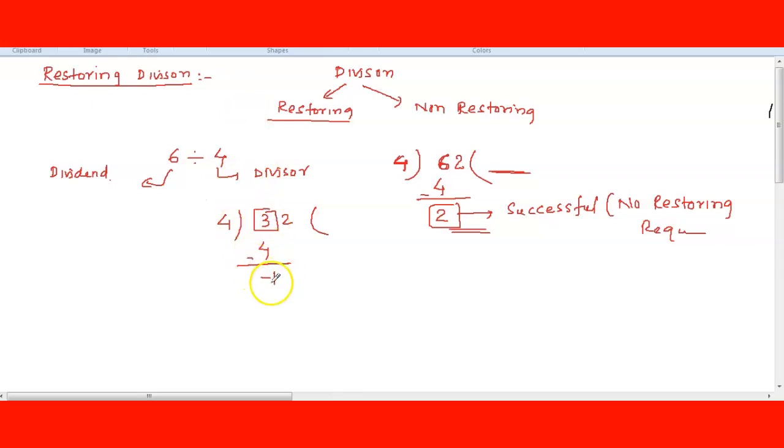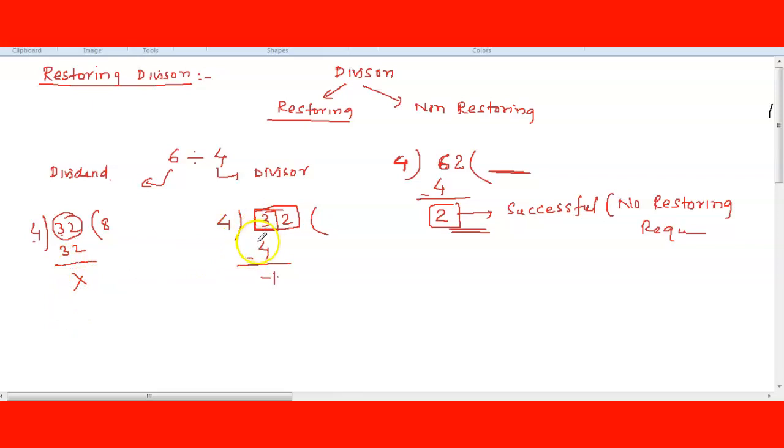This means it is not divisible, because the dividend value is lesser than the divisor value. At that time the computer will try to restore the same previous value 3, and will try to divide using two digits at a time. This 3 by 4 won't go, so we take 2 digits at a time, and 32 by 4 is 8, it will go and the remainder will be 0.